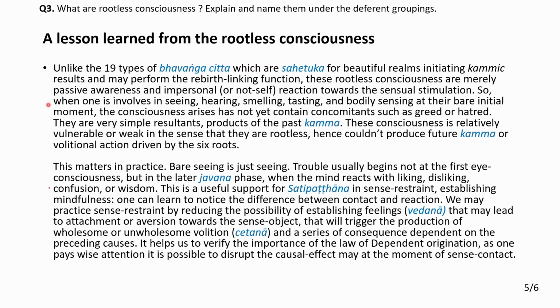So when one is involved in seeing, hearing, smelling, tasting, and bodily sensing at their bare initial moment, the consciousness that arises has not yet contained concomitants such as greed or hatred. They are very simple resultants, products of past karma. These consciousness are relatively vulnerable or weak in the sense that they are rootless, hence couldn't produce future karma or volitional action driven by the six roots.